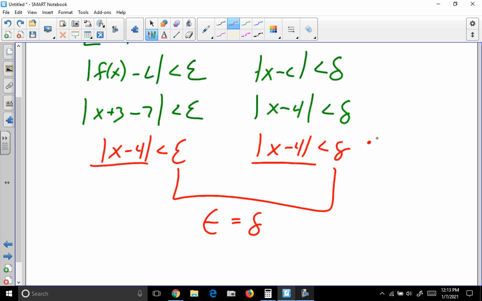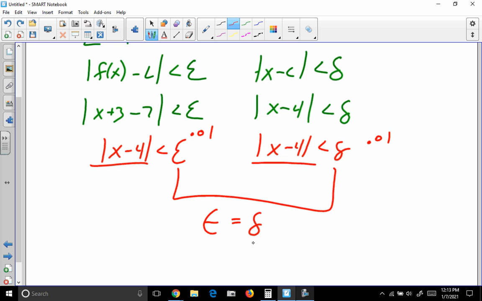If we're 1/100th of a unit away from 4 in the x direction, then we would also be 1/100th away from the limit in the y direction. If we're 1/1000th away from 4 in the x direction, we would be 1/1000th away from the limit 7 in the y direction.